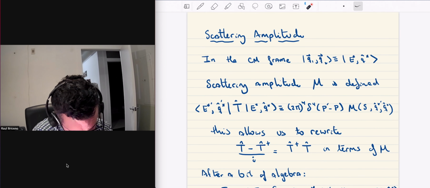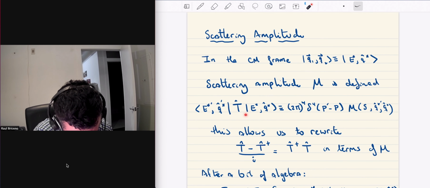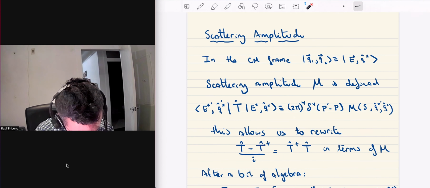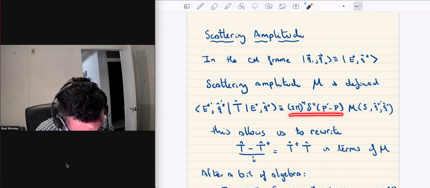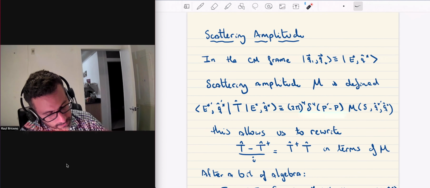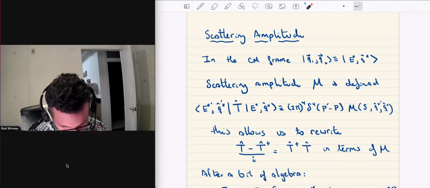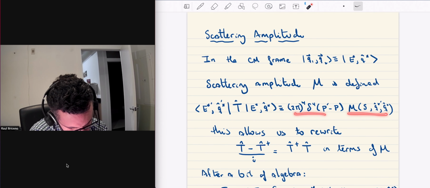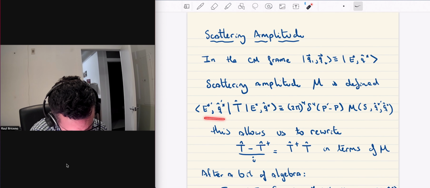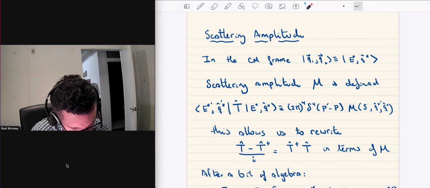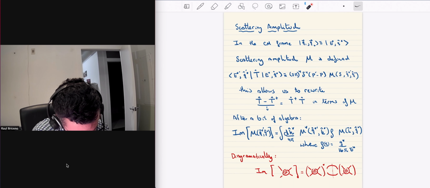Okay, and so this finally allows me to define the matrix elements of the T matrix, which, and this is a textbook definition, up to some four-momentum conserving delta function, which we can just pull out, is equal to the scattering amplitude. So the T matrix always has this four-momentum conserving delta function, which we can pull out, and then we have the scattering amplitude, which only depends on S of the system and some angles, but in fact it only depends on one of those angles.